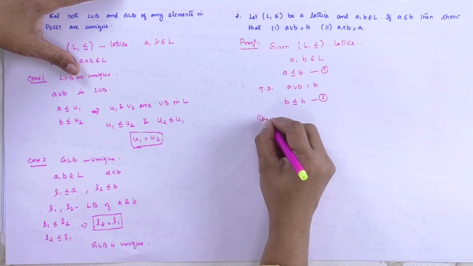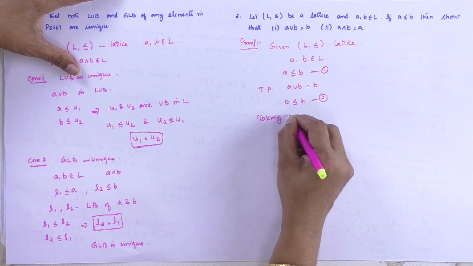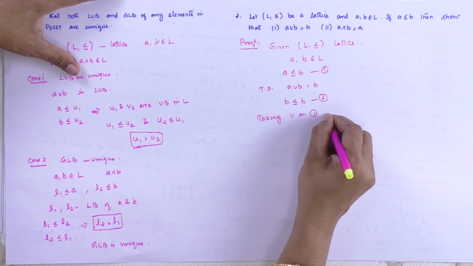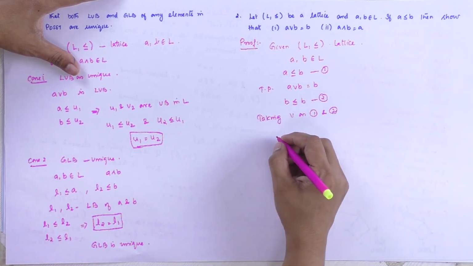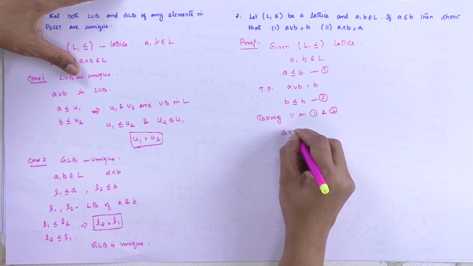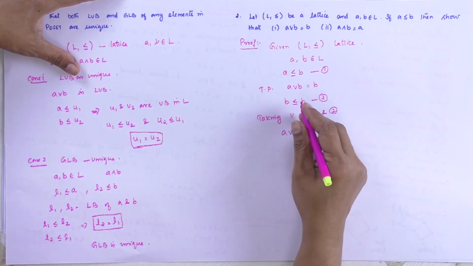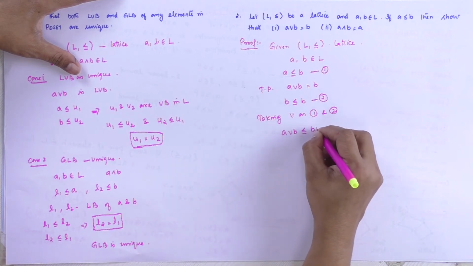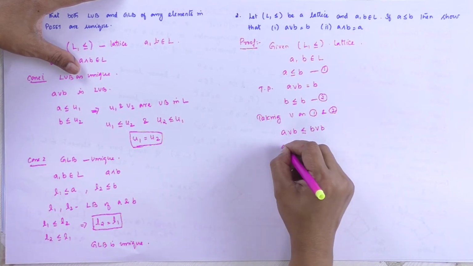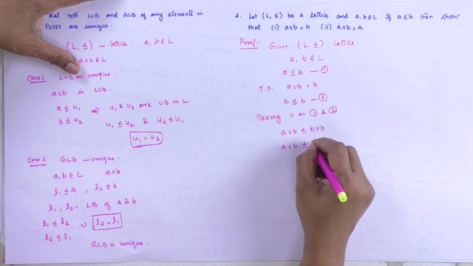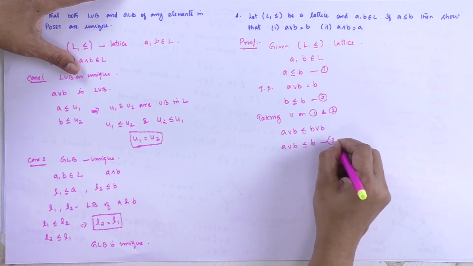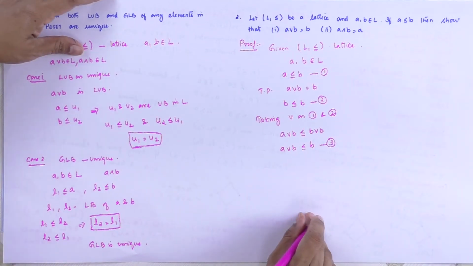Now I take OR on 1 and 2. I will have A or B is less than or equal to B or B, and A or B is less than or equal to B. Let this be my third inequality.